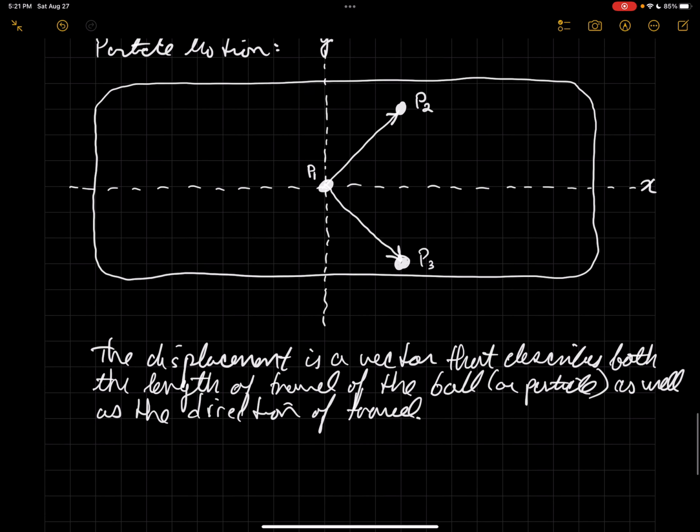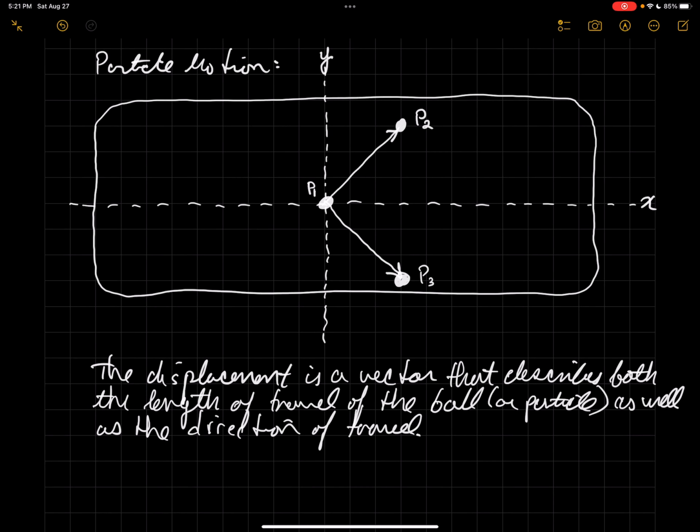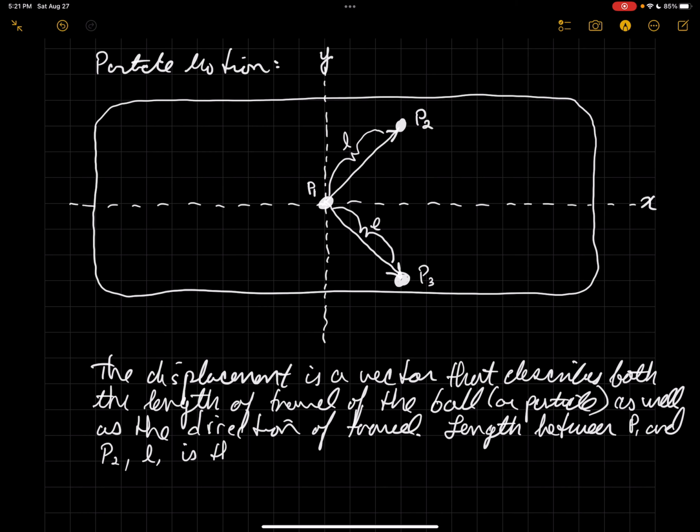And we can say, for example, that we describe the length of travel from P1 to P2 as L. You can kind of see that in the drawing because this is being written on a grid, but the distance between P1 and P3 is the same, which is also L. So L, the length between P1 and P2, is the same as the length between P1 and P3.